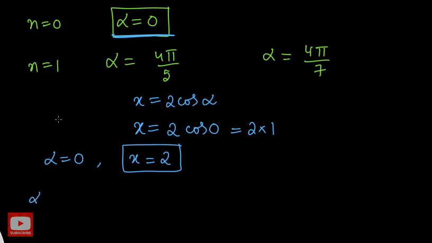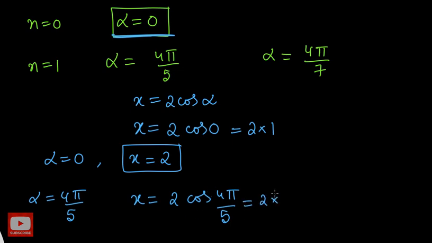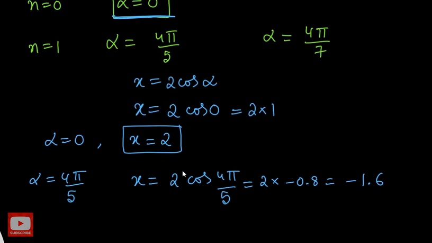So if we take alpha is equal to 4 pi by 5, we get x is equal to 2 times cos 4 pi by 5. And you can work out this value. This value of cos 4 pi by 5 is somewhere around minus 0.8. It's a negative value. So we get minus 1.6. This is an approximate value, not the exact value.